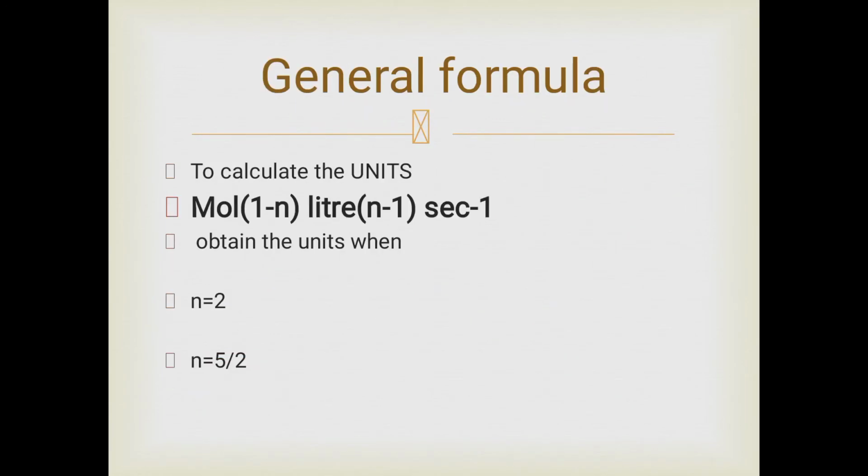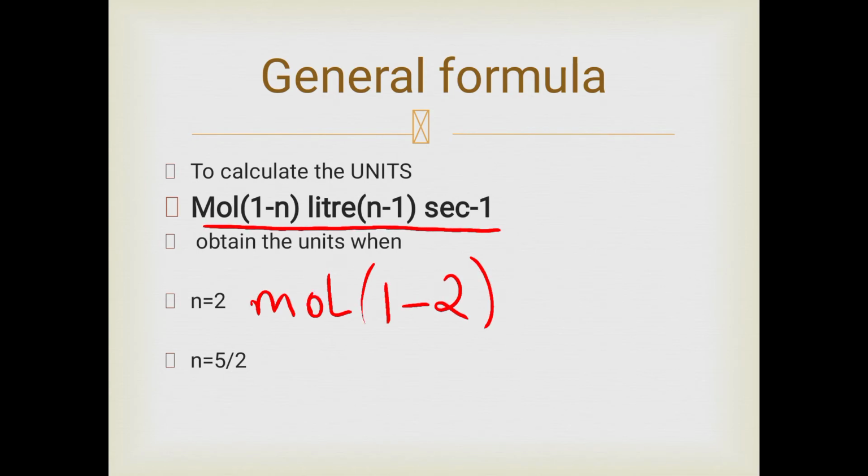Next up, we have the general formula to find the unit. If you don't want to remember the formula for every order, you can just remember this important formula, and based on this formula you can obtain the unit. I will calculate for n equal to 2. So I say moles to the power 1 minus n, in place of n I substitute 2, liter to the power n minus 1, and seconds inverse.